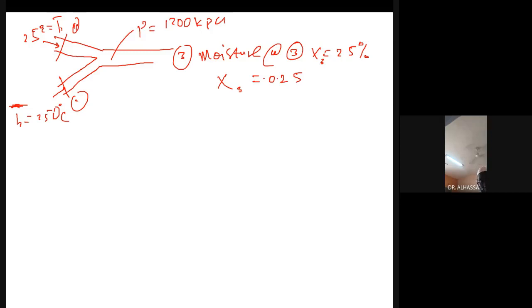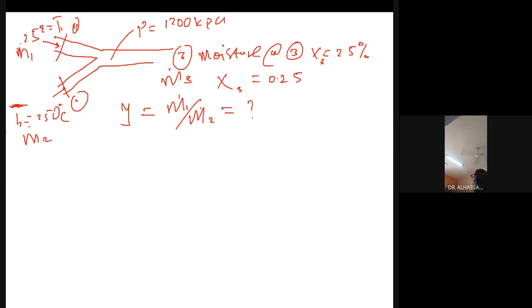So let's say the cold water mass flow rate is M1 and this is M2, and this will give us M3. We want to find the ratio of the mass flow rate M1 divided by M2. So Y equals M1 divided by M2. That's what we are interested in. So we need to find the mass flow rates M1 and M2.